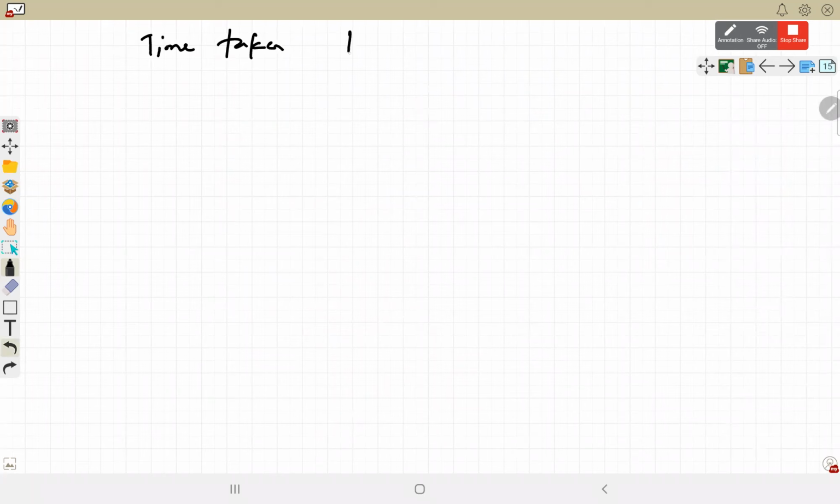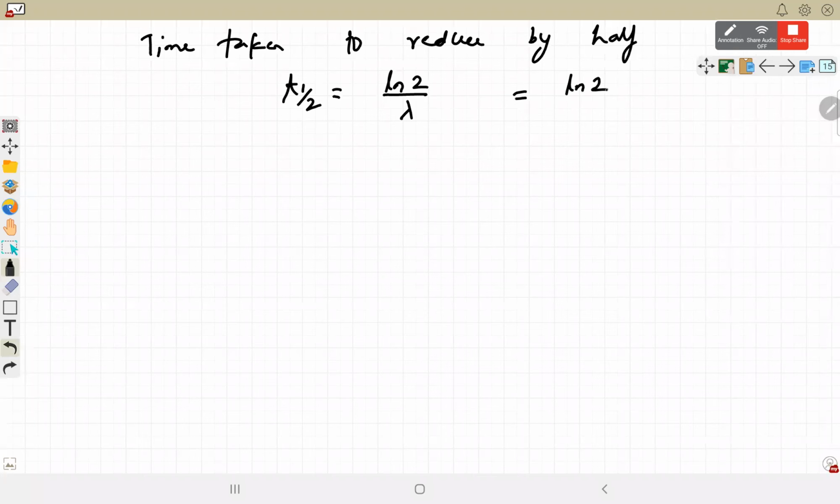Half life का formula क्या होता था? Time taken to reduce by half. T half formula was ln2 by lambda. Here also it becomes ln2 divided by b by 2m. The time in which amplitude reduces to half of its initial value.